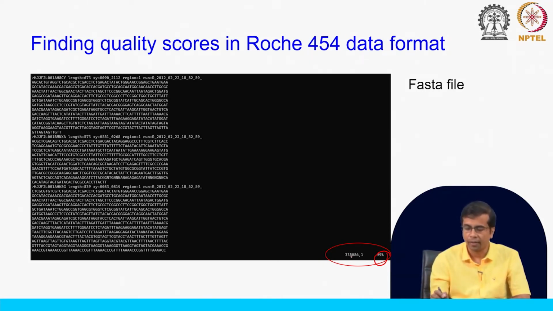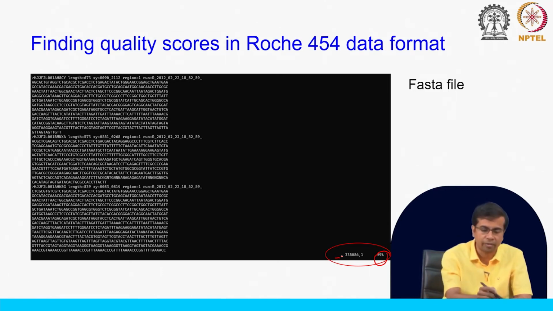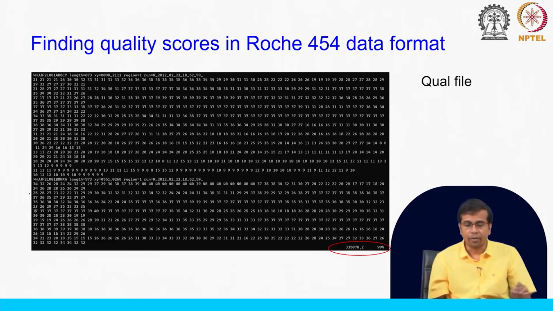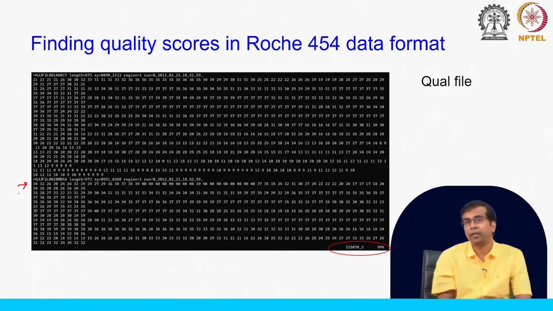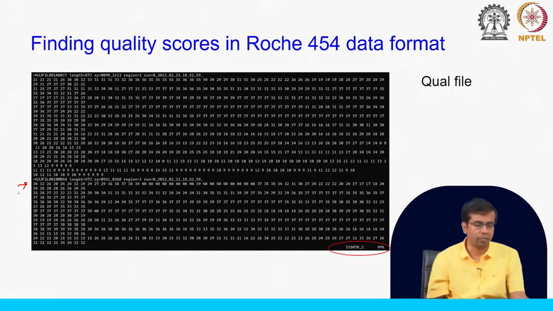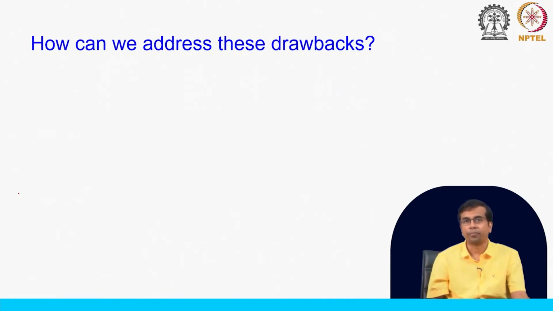This is the line number that we are at, about 335,000. Imagine we are reading somewhere here in the sequence. In the other quality file, we also have to read these 335,000 lines before we reach the quality score value. So you can imagine this is going to take a lot of time.